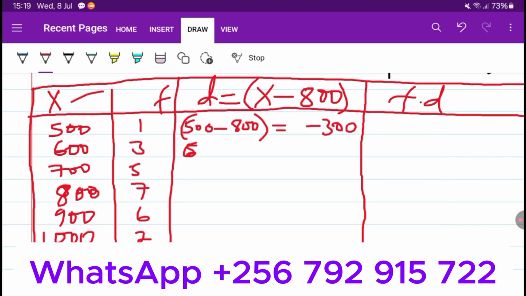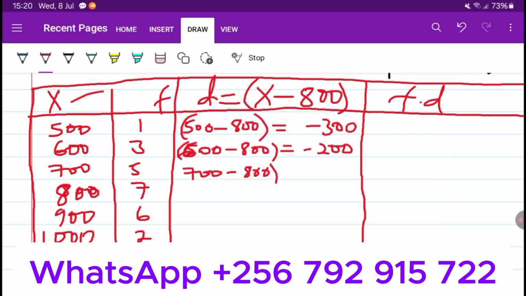It is 600 minus 800. That gives you a negative 200. Then we go to the next x value, which is 700. 700 minus the 800. That gives you a negative 100. Then the next x value is 800 minus 800. That gives you a 0.